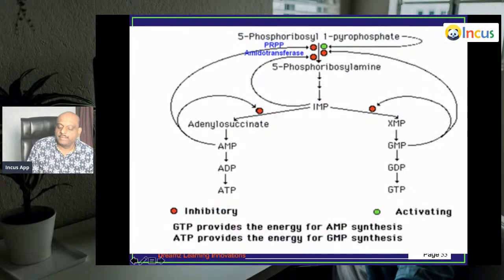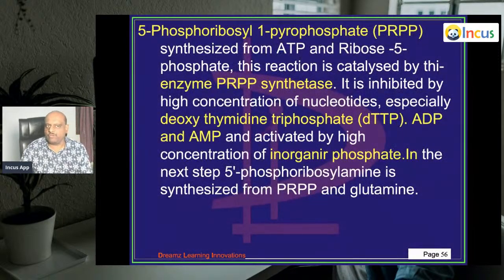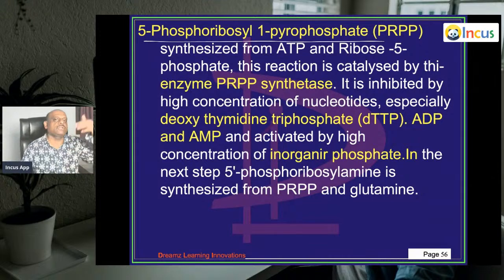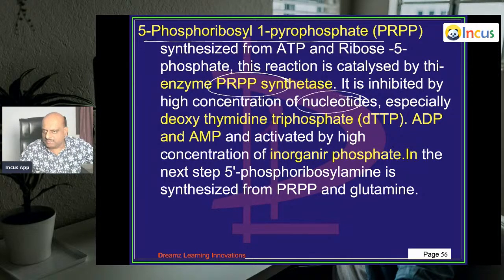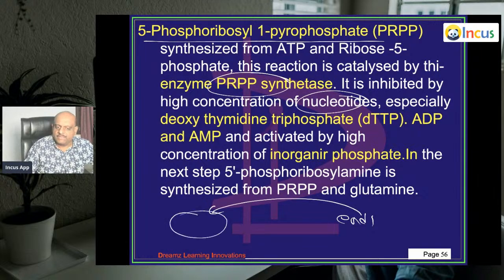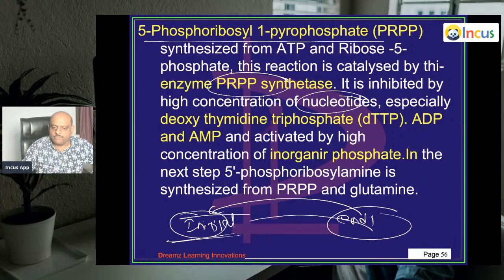So, you should know that 5-phosphoribosyl 1-pyrophosphate is catalyzed by PRPP synthetase. Whenever there is a very high concentration of the nucleotides, it becomes inhibited, because end products always come back and inhibit the initial reaction. Right? Very good. End product feedback inhibition.